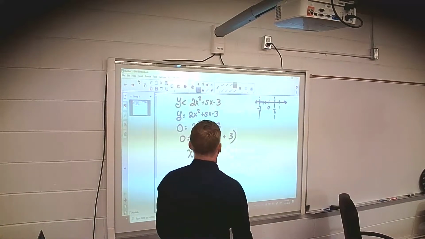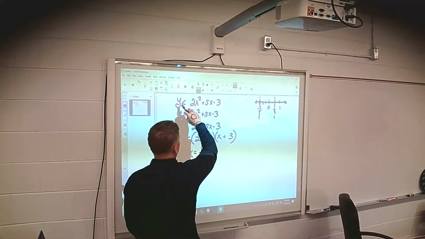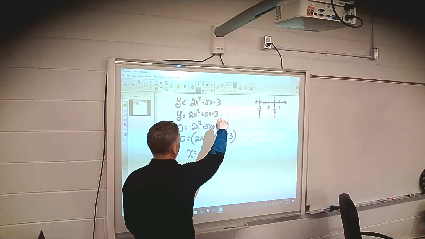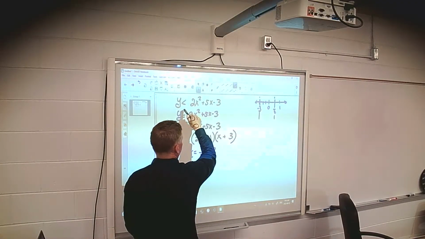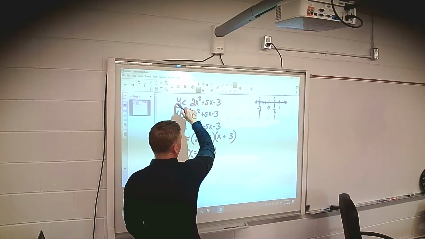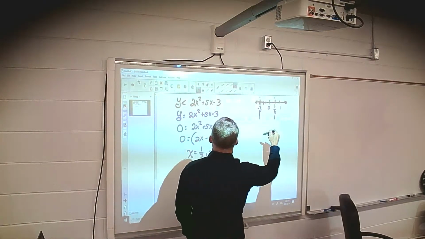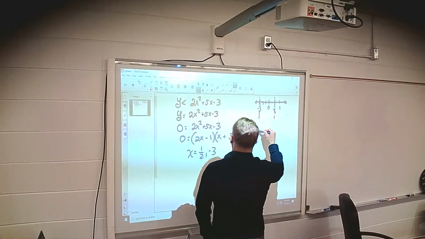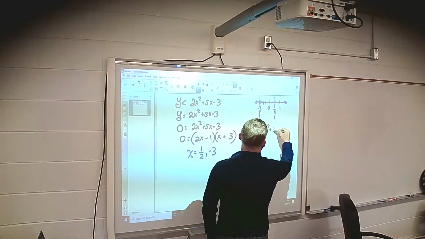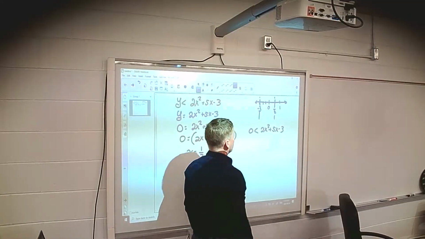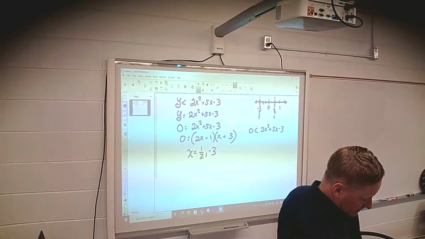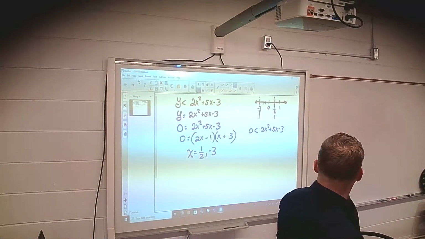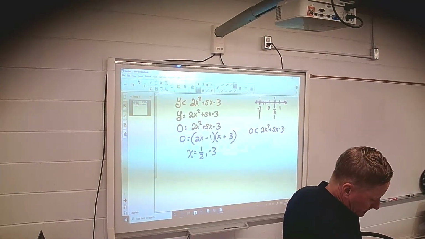Okay, so I put 0 into this equation. I think I got to make this 0 here first. So I've got 0 less than 2x squared add 5x subtract 3. Let's find out if that is indeed where it is. We get the x-intercepts. The y-intercept is -3, just following this vertex.